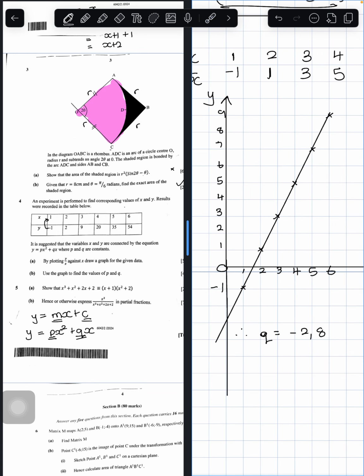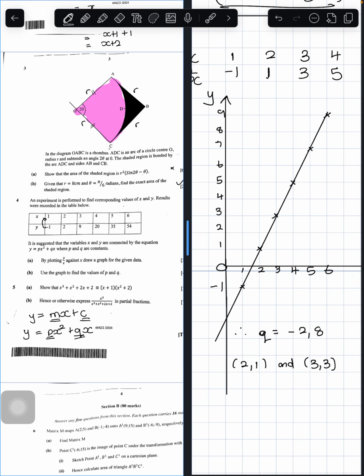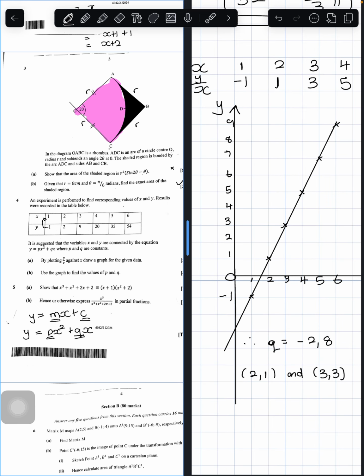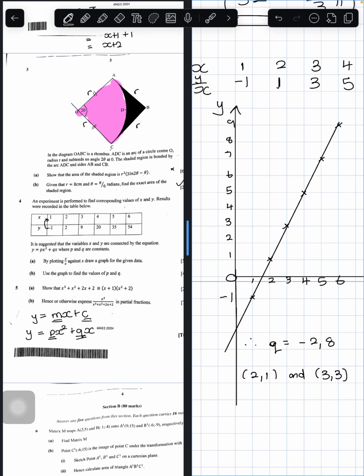The points that are indicated are (2, 1) and (3, 3). In this case, our gradient will give us the value of P, because we already have the value of Q.